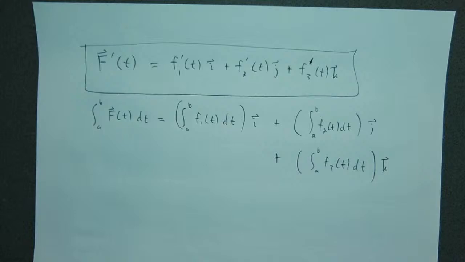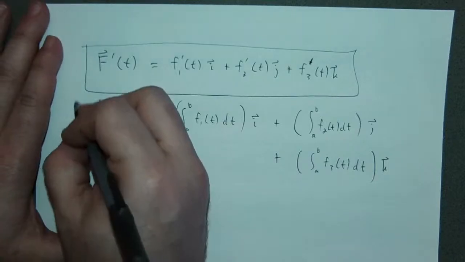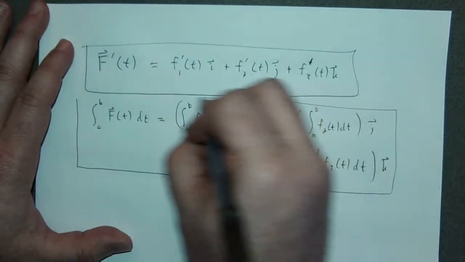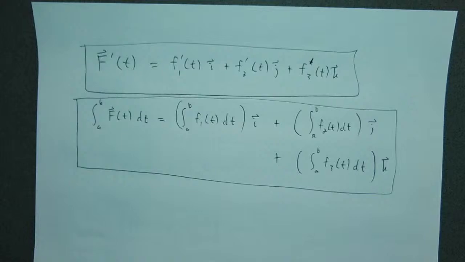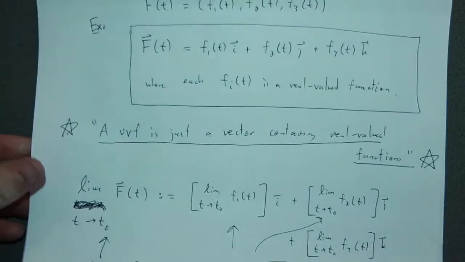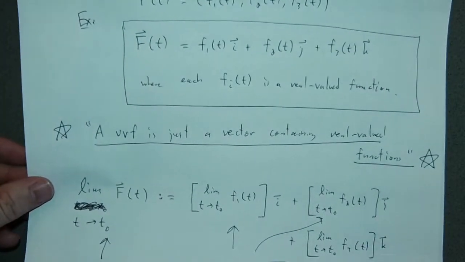Yes, there's a pattern, exactly. So rather than beat you over the head with this pattern, it's obvious that you all recognize what's going on here. And so I can subsume all of that by just saying it's a vector containing real valued functions.